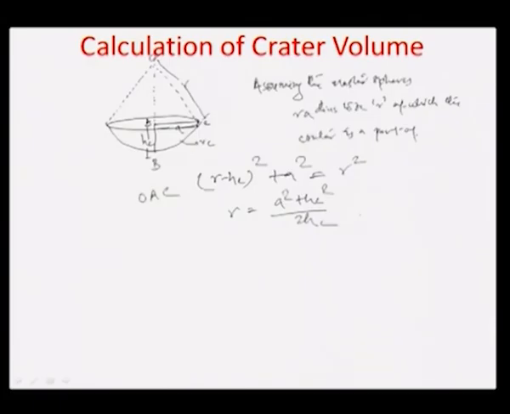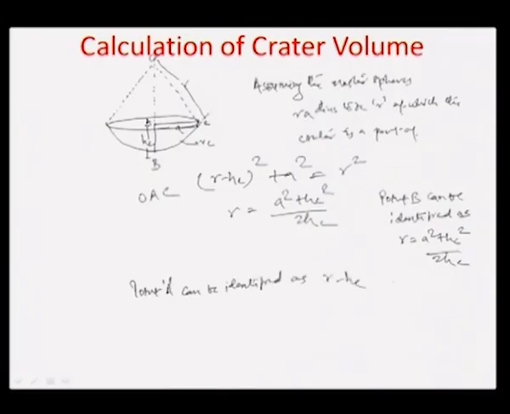So the point B on the same scale can be identified as r, which is actually given by (a square plus Hc square) by twice Hc, and point A on the same scale can be identified as r minus Hc, assuming O to be the origin.